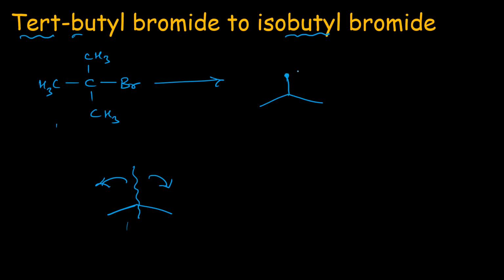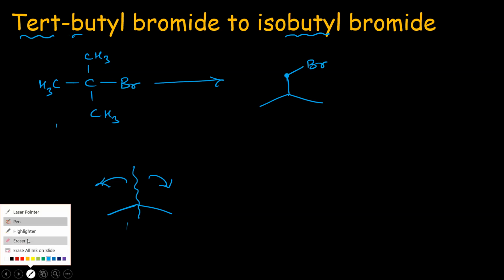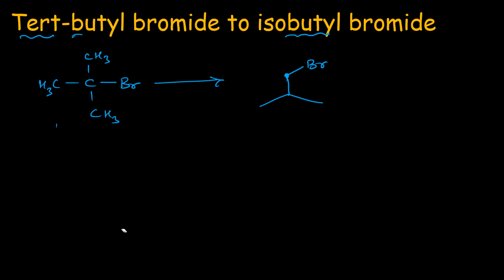This is my 4th carbon, and this has the Br group. Now you may see that we are going from this carbon atom, which is more substituted, to a carbon that is only attached to 1 carbon atom. So we are going from more to less.